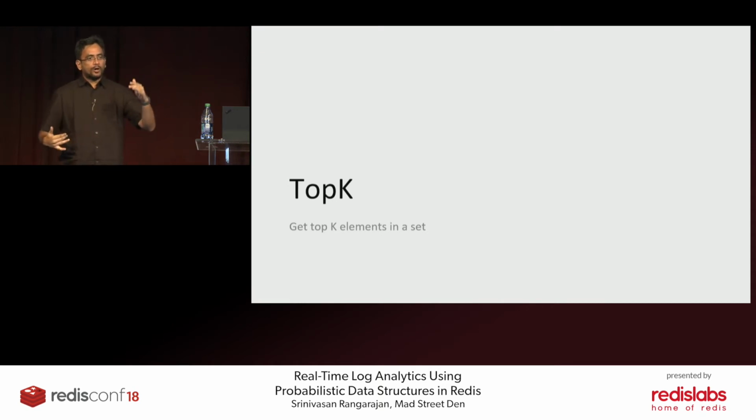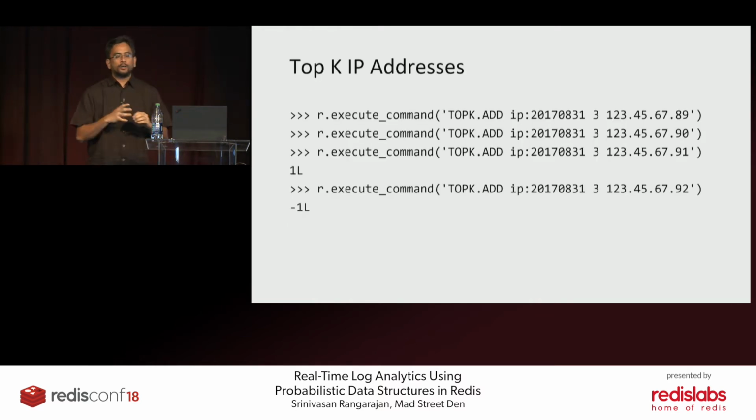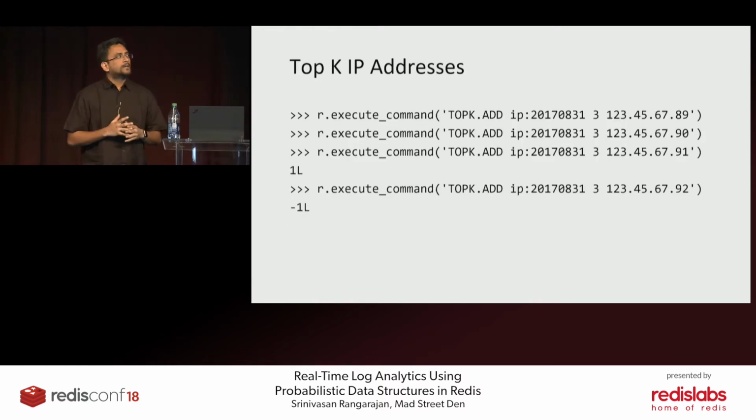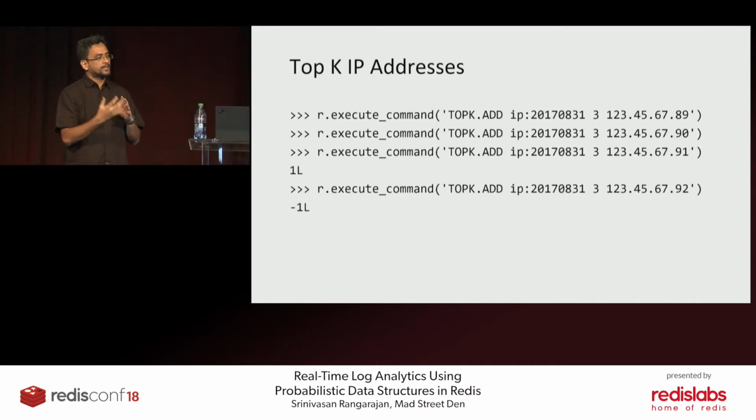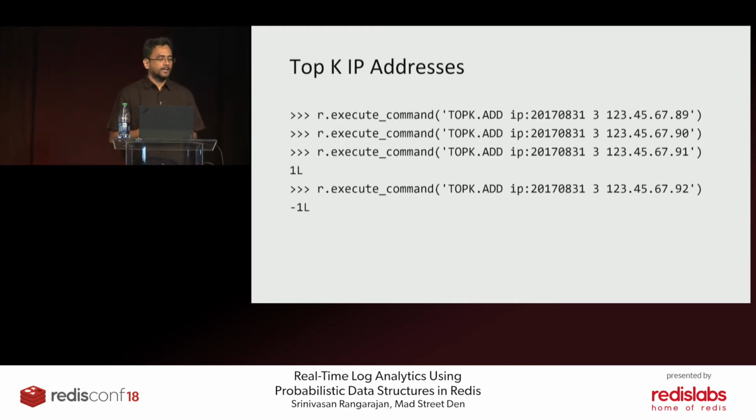But to store all the elements in a sorted set, it's going to take a huge chunk of memory. And top K solves that problem by making sure it takes only k log n space instead of n items. So that's the space complexity of the top K data structure.